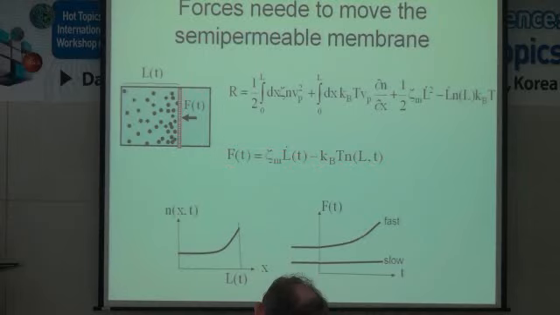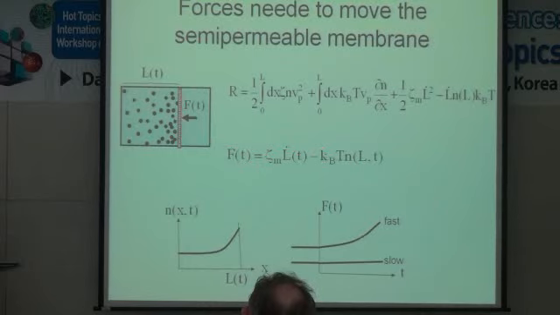This formula applies even if the concentration is not constant. This is the force: the osmotic pressure at the position of the membrane. This is the force that you need.